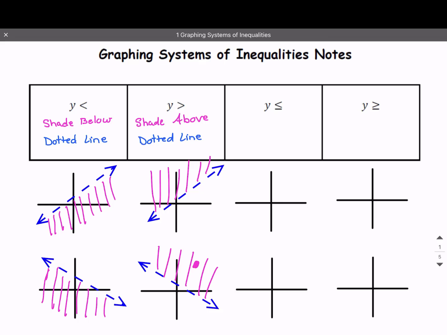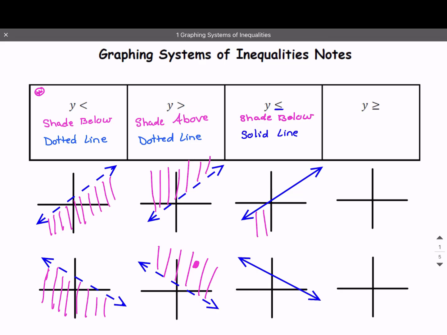Next up, we have y less than or equal to. So just like in our first case where we had a less than, we're going to shade below, but this time the or equal to is going to tell us to use a solid line. We could have an increasing solid line or a decreasing solid line.